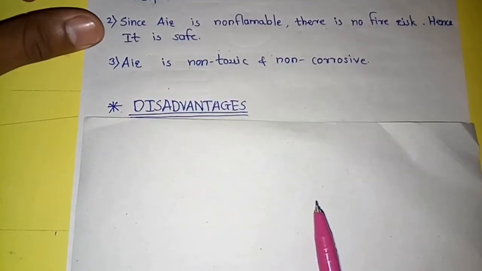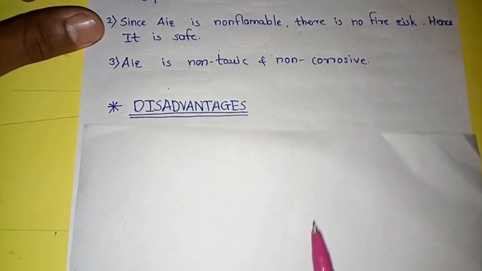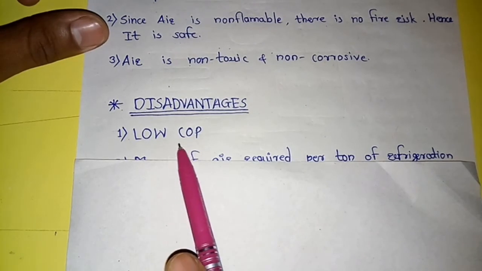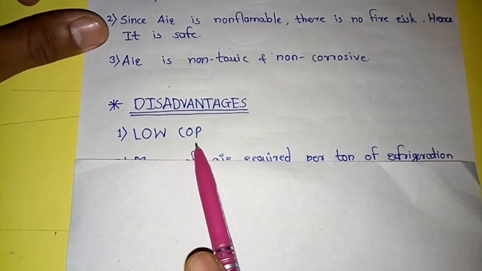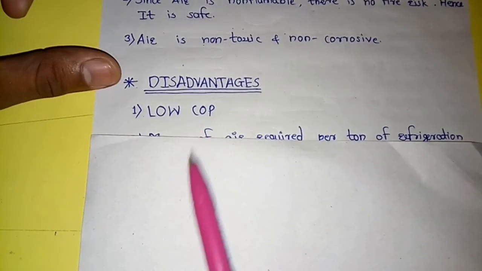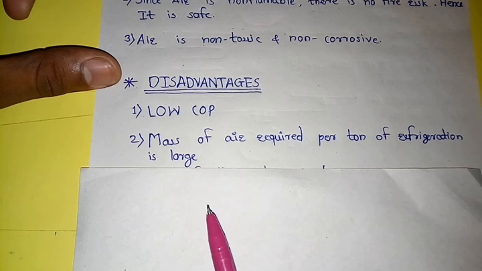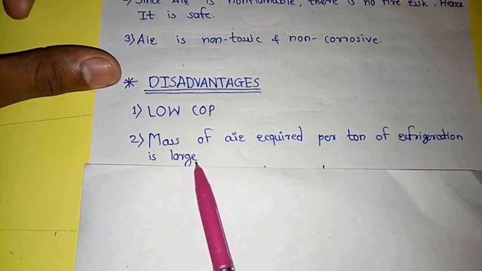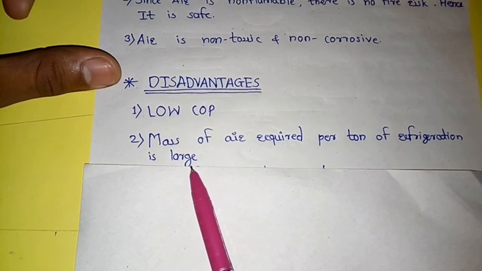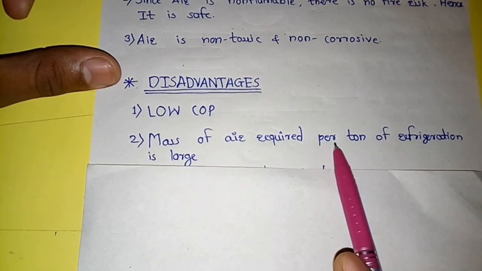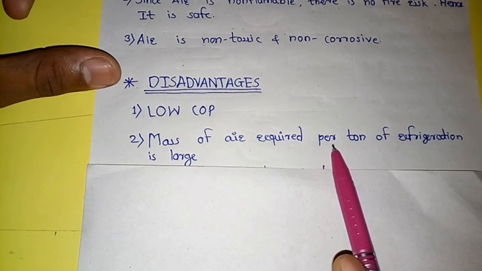Now see the disadvantages of the cycle. The first disadvantage is low COP, meaning a low coefficient of performance of the system which works on the Bell-Coleman cycle. The second disadvantage is that the mass of air required per ton of refrigeration is large, meaning the mass of air handled by the compressor is much more per ton of refrigeration.